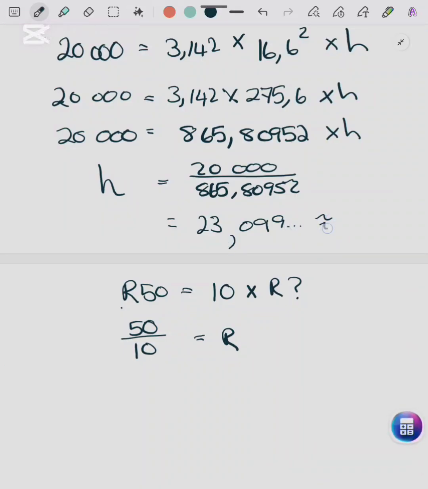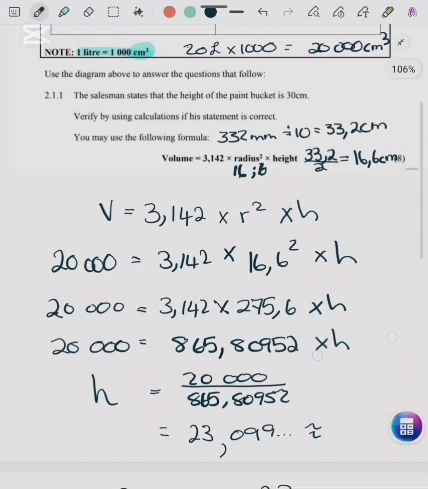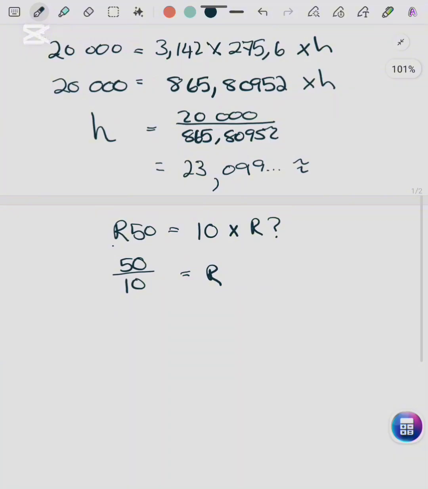But for purposes of what I need, I can just round that and say it's approximately, and we check if it tells me what to round off. Okay, so it tells me we're not actually needing to round off, because he says that the height of the bucket is 30 centimeters. Is he correct? Well, no, because it's not 30 centimeters. It's 23.